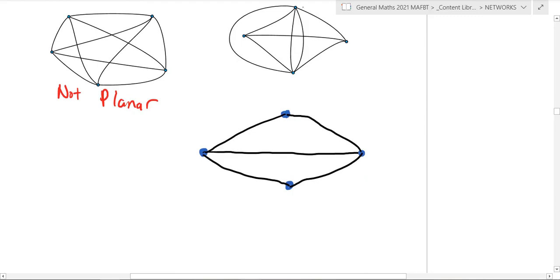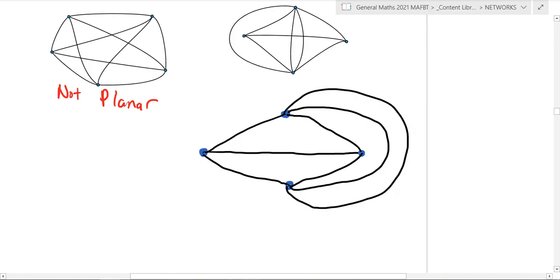You can see that this vertex is connected to this vertex twice. So let's draw two connections to that, making it planar. Notice how I actually go around to make those connections. And the last one is this big loopy one here.